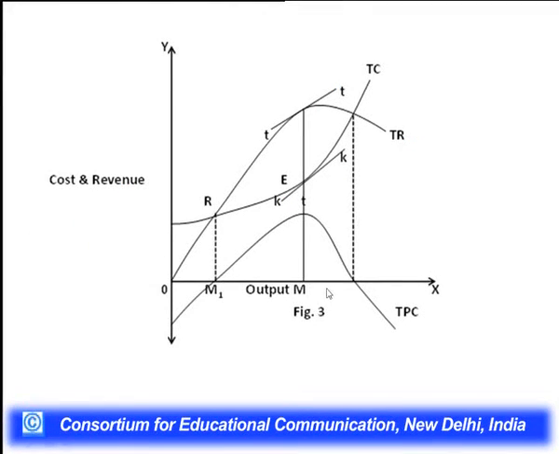In figure 3, we have shown output on the x-axis, and cost and revenue on the y-axis. The TR curve starts from the origin, increases at a decreasing rate, becomes maximum and then starts declining.